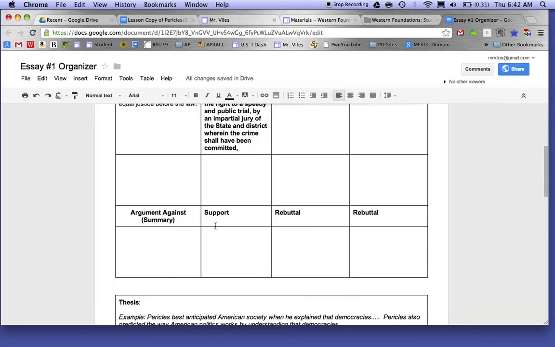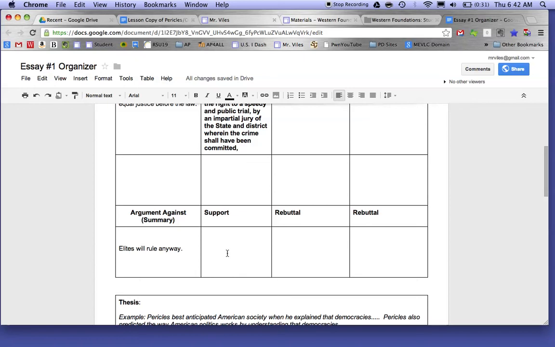So maybe his best point is that elites will rule anyway. That sums up one of his positions, that the better class of people will always rise to the top and take over.